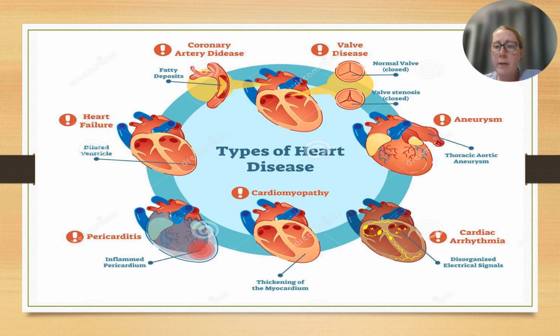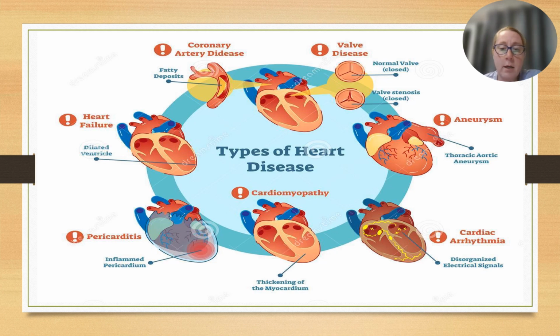Aneurysm is where we have the thoracic aortic aneurysm, where it is a blood clot basically getting in there. A cardiac arrhythmia, this is where the electrical signals that are constantly pumping our heart are disorganized, throwing the whole system out of whack.